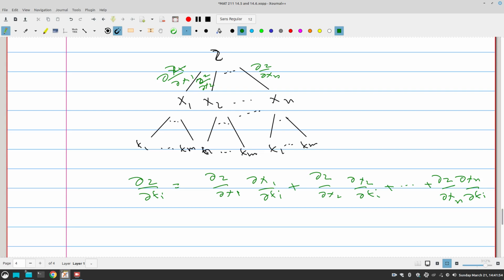So this is a general version of the chain rule, and using this we can formulate the chain rule for any number of intermediate variables and any number of independent variables.